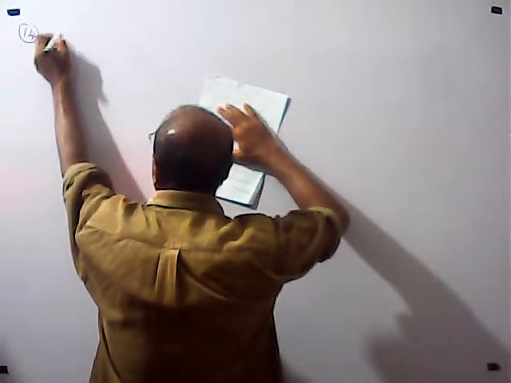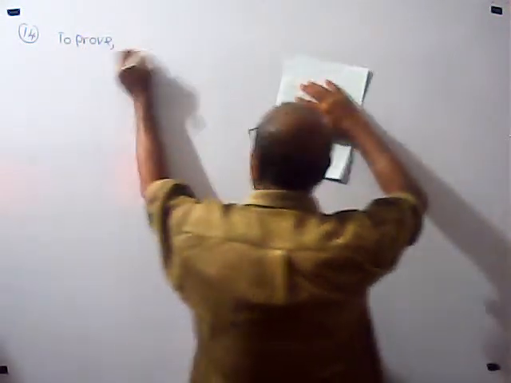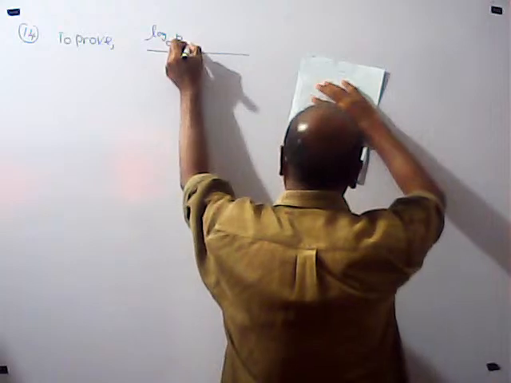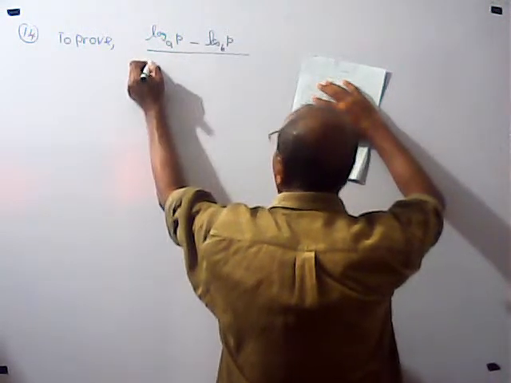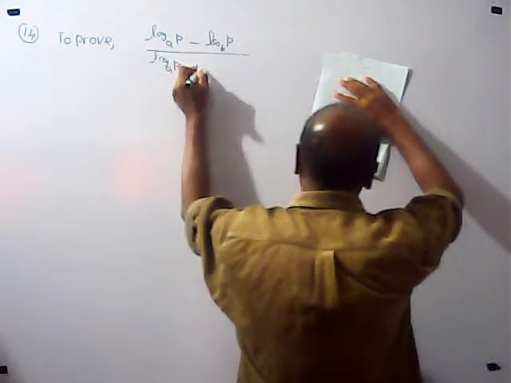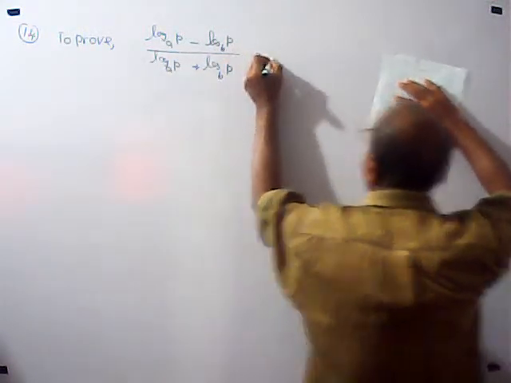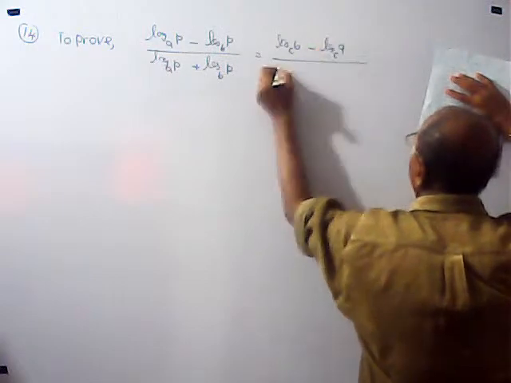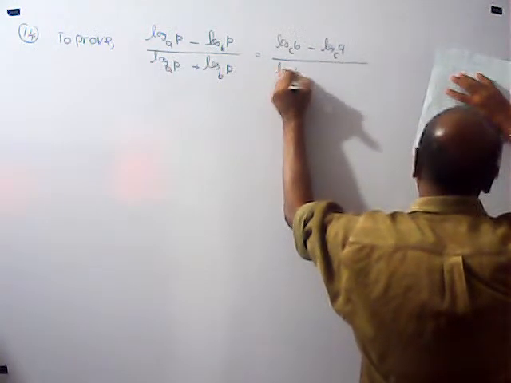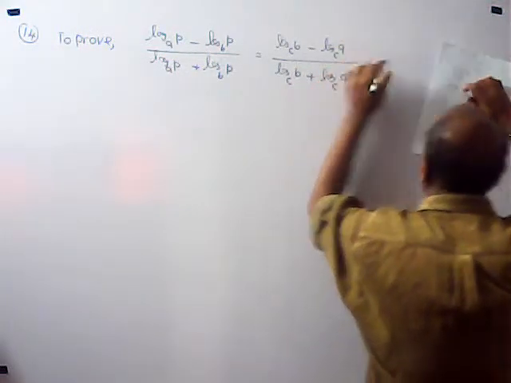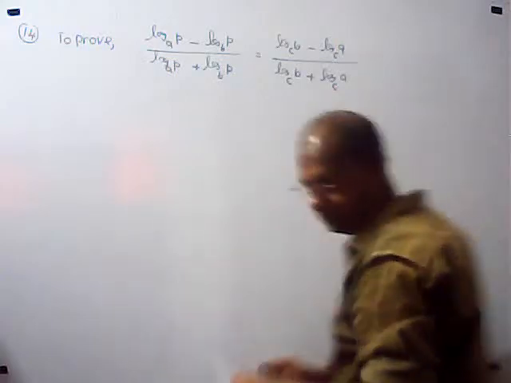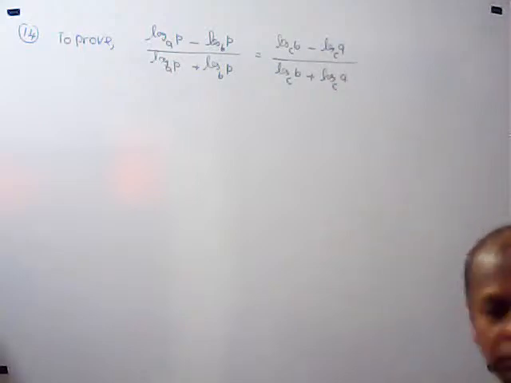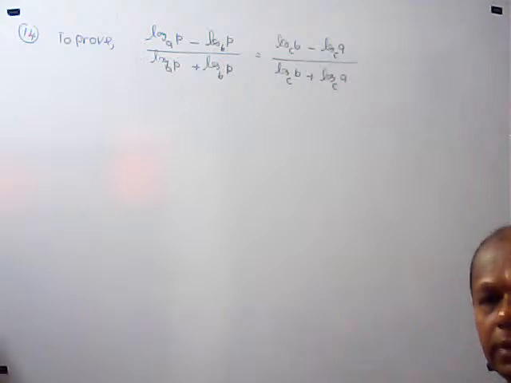Look at: log dt minus log dt over log ap plus log dt equals log cb minus log ca over log cb plus log ca. So that's the task.